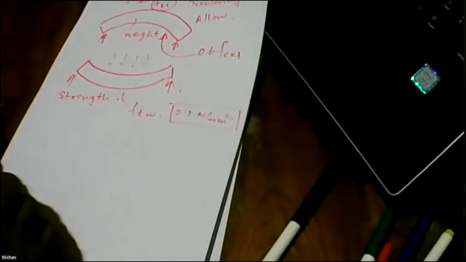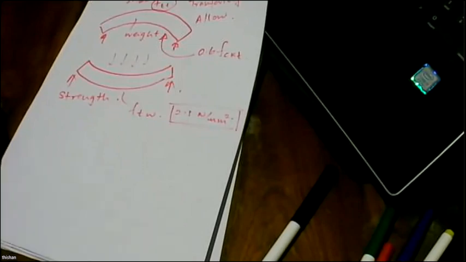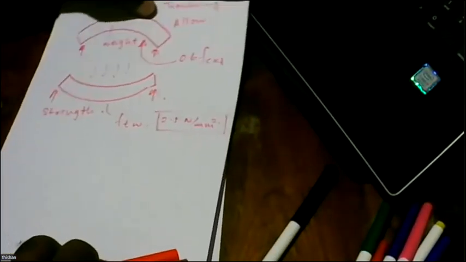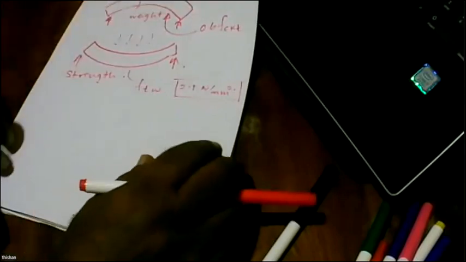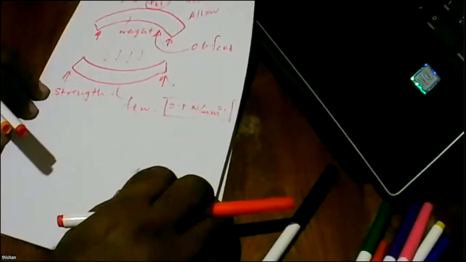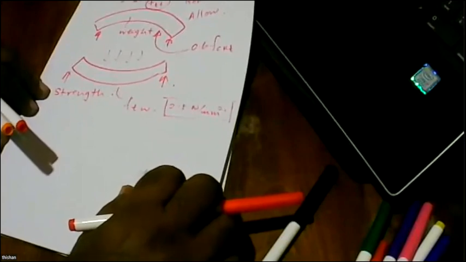But to understand this better, we'll assume that we are going to control the maximum. Let's not make things too complicated, so let's assume we are not going to have too much tension. We are going to control the tension.